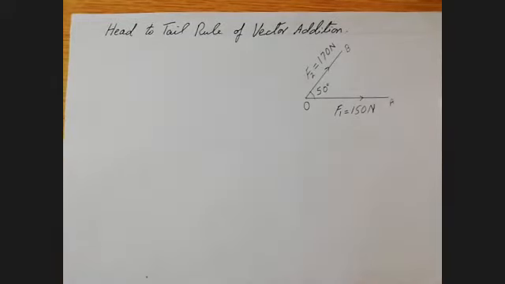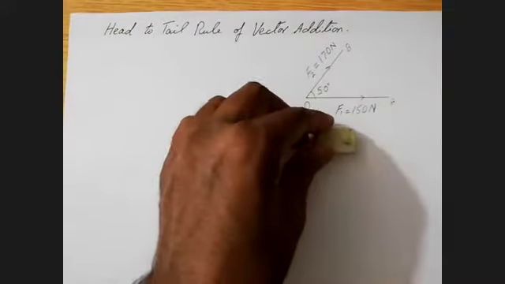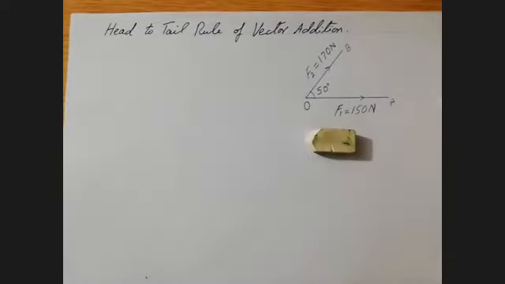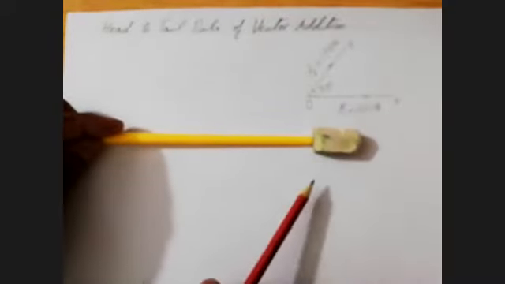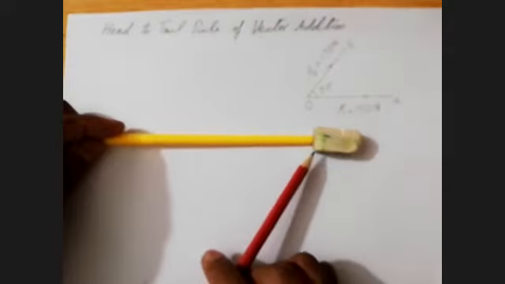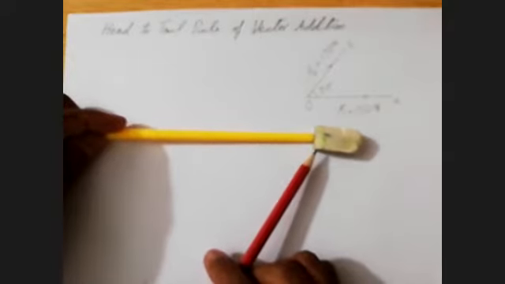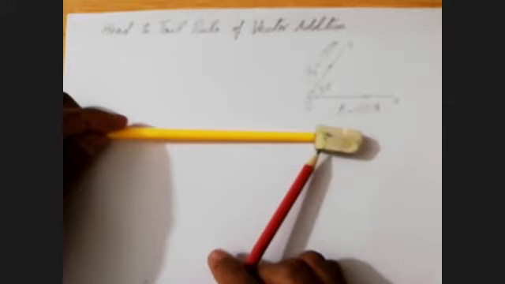Now, I just want to brief you on the situation, what is actually happening here. For example, this is an eraser, and we are going to apply two forces on it. One force, 150 Newton, is applied in this direction, and the other force is applied in this direction. Now we have to see in which direction this eraser is going to move.